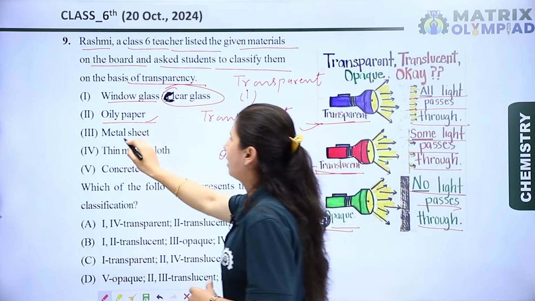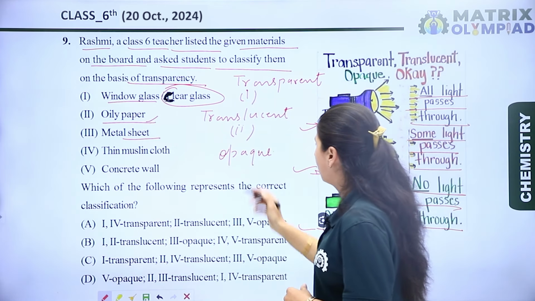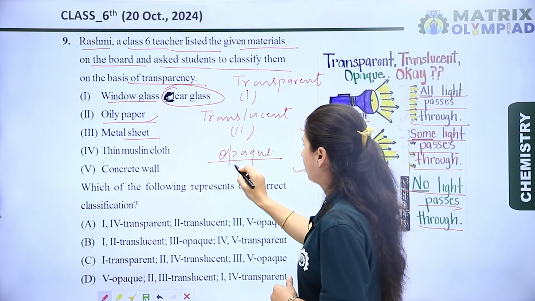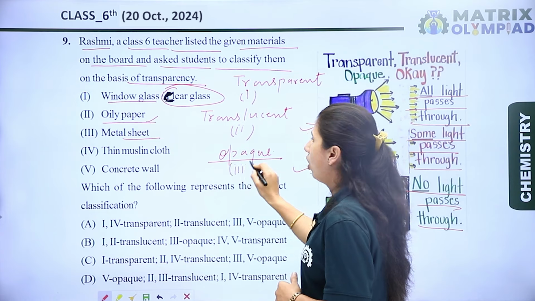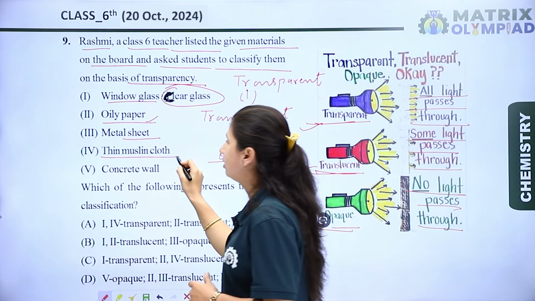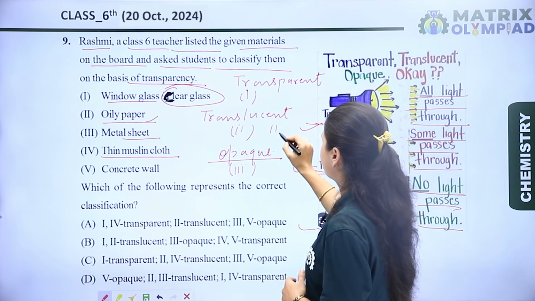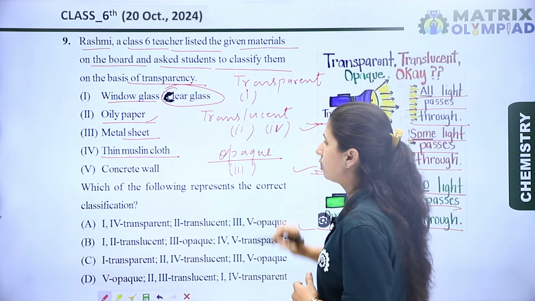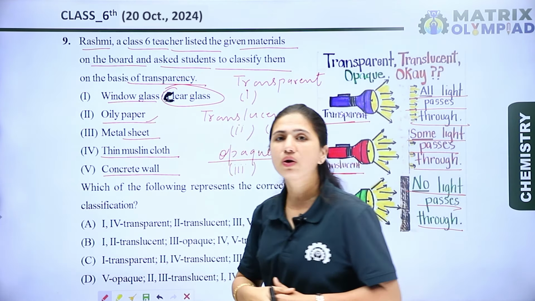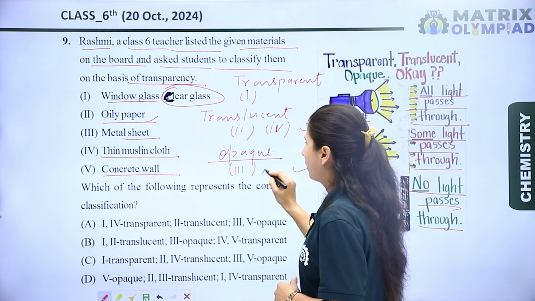Second is metal sheet. Metal sheet is completely an opaque substance. So the third one, metal sheet, is an opaque substance. The thin muslin cloth is also a translucent substance. So the fourth one is translucent. And the concrete wall is an opaque substance.